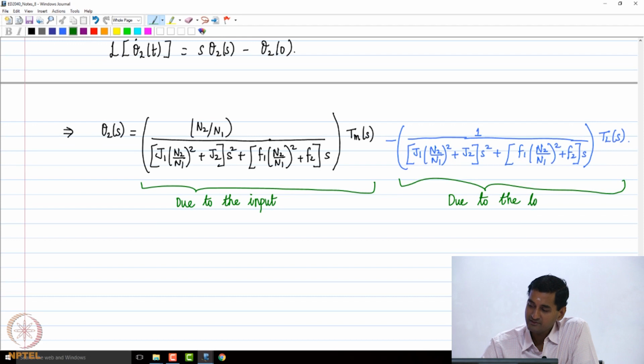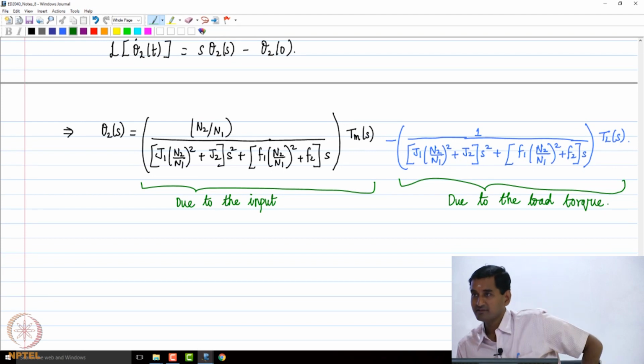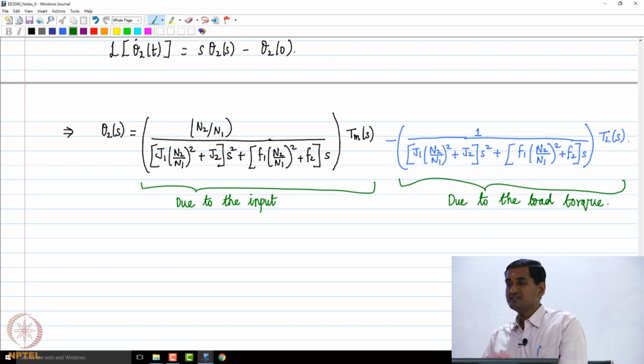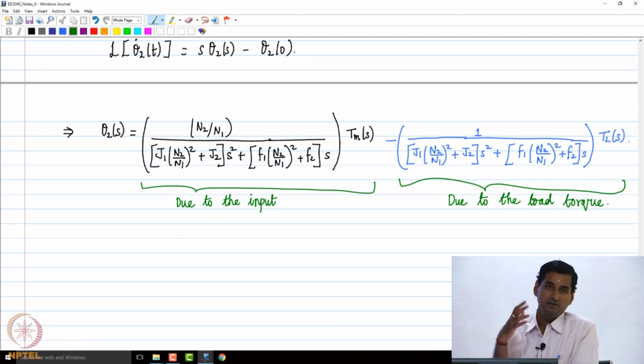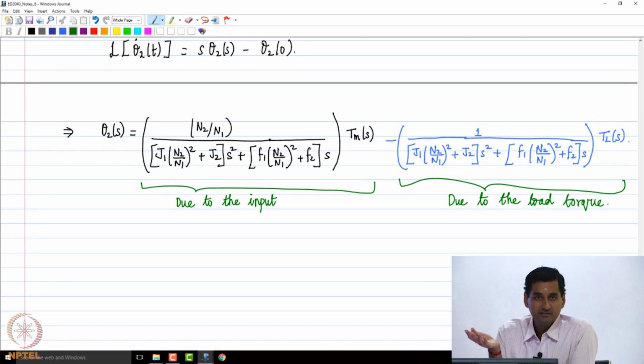Please note that if I want to move the output shaft to any position, you can immediately see that the load torque is going to play a role, as far as the response of the system is concerned. So we need to keep that in mind. Let's say you give a step input torque for Tm, the final theta 2 is going to be dependent on the load torque.